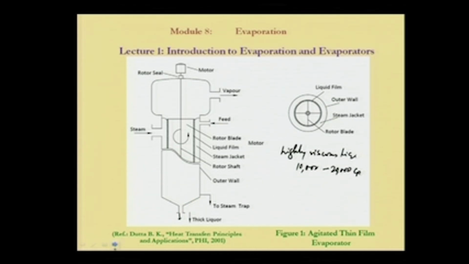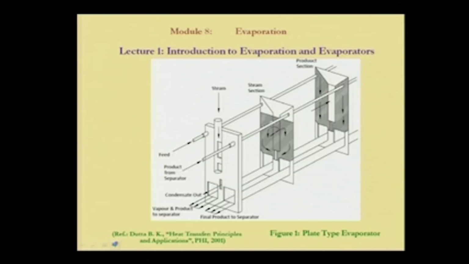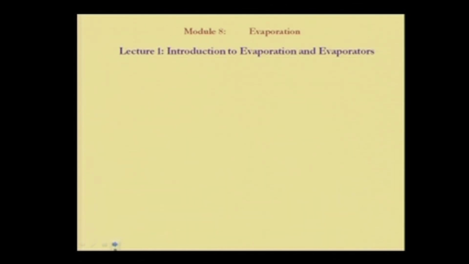Then another one is the plate type evaporator. It is similar to the plate type heat exchanger. Here also it can be rising film, falling film mode, or a combined mode.